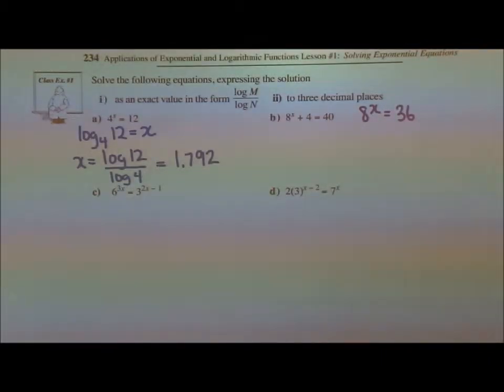Then what should I do? Make them the same base. Okay, can I make them the same base? You can use 2. Can you? 2 to the power of what equals 36? Okay, no. No, I can get to 32, but I can't get to 36. Okay, so if I can't use common bases, now what?